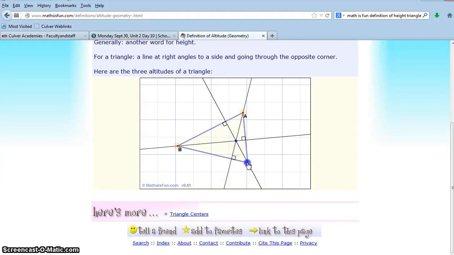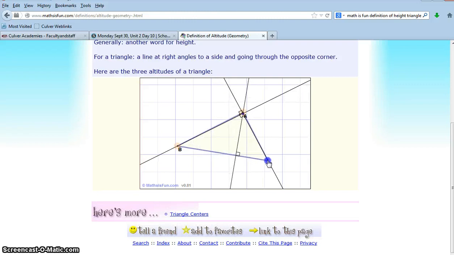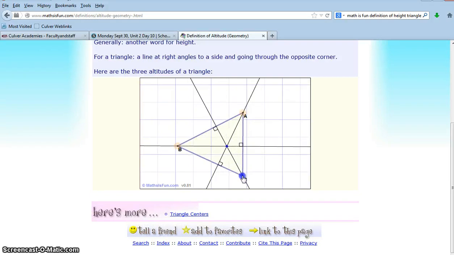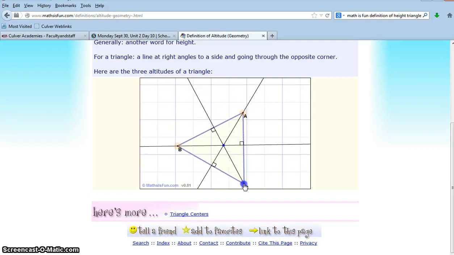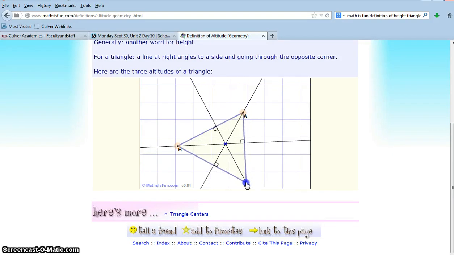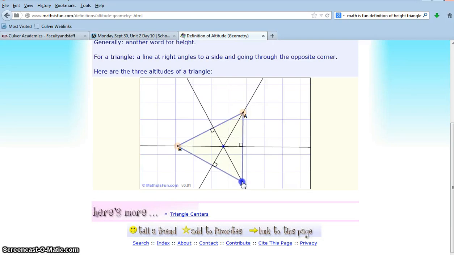Now that's pretty easy to manage in a right triangle because the altitude is simply one of the legs. And it's pretty handy in an acute triangle because the altitude lands inside in each case. In an isosceles, the altitude will also be the angle bisector and the segment bisector.